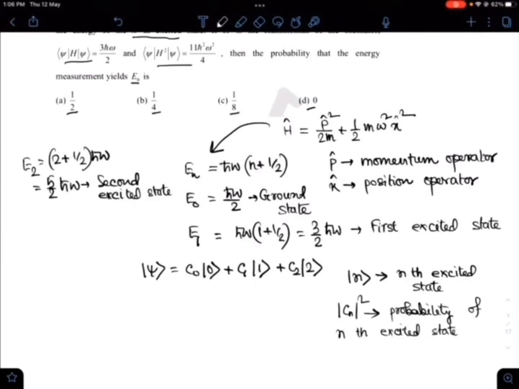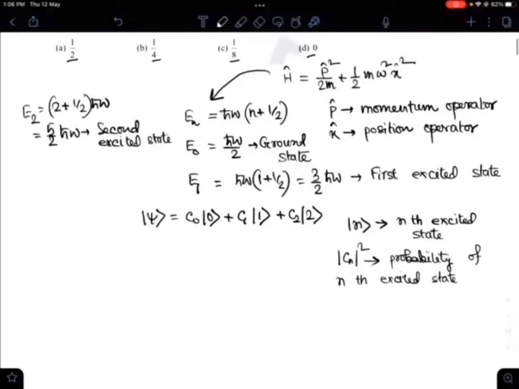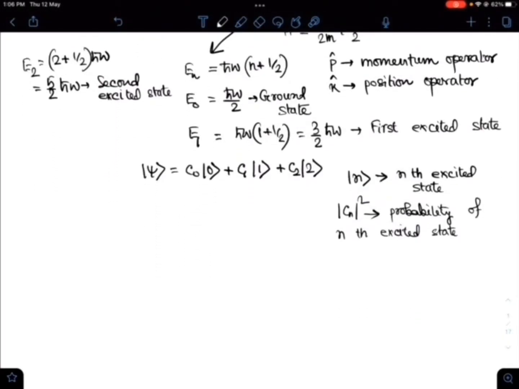Now, can C0, C1 or C2 have any arbitrary values? Well, they can't, because we know that the wave function should be normalized. So we have the constraint that the inner product of psi with psi should be 1.